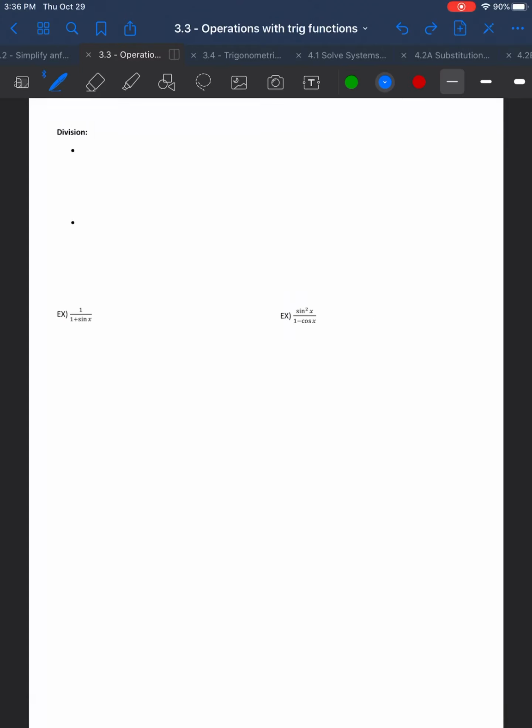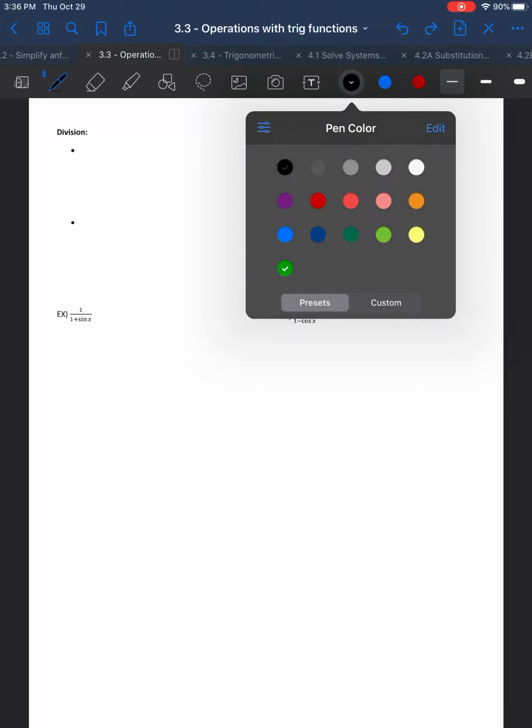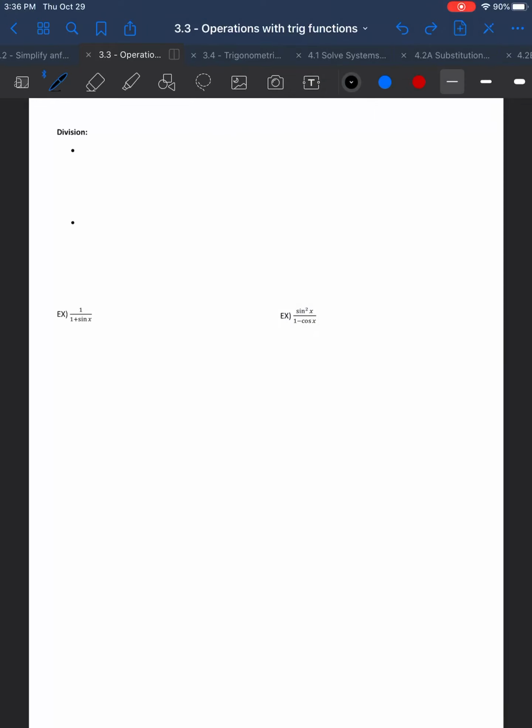Now, for the division problems, and division is maybe not the best choice of header for this because it's really not truly division, but what we're going to do for these type of problems, and this will be the last section that's on your homework as well, we're going to use conjugates in order to simplify.